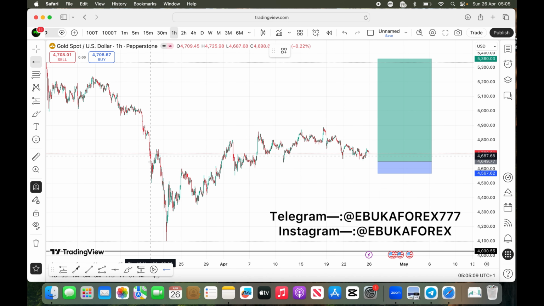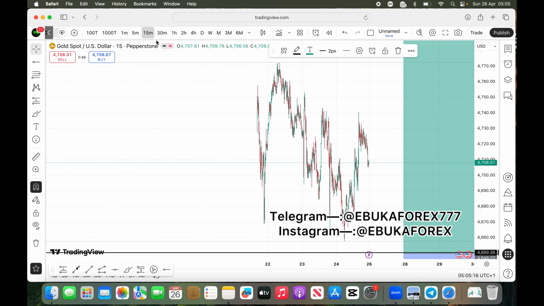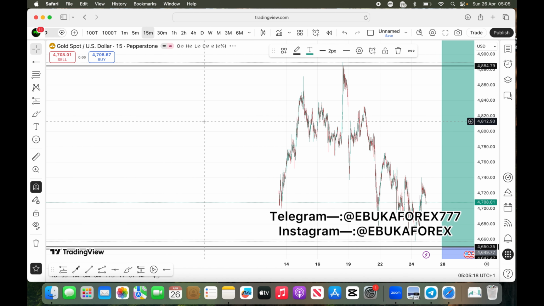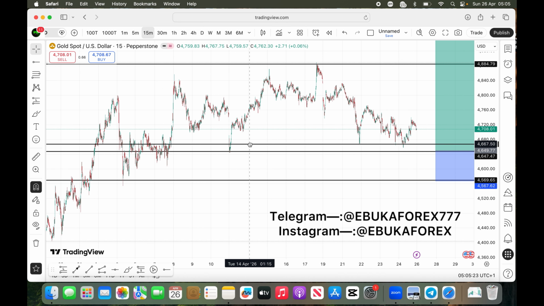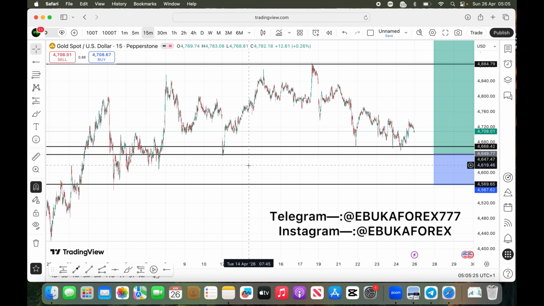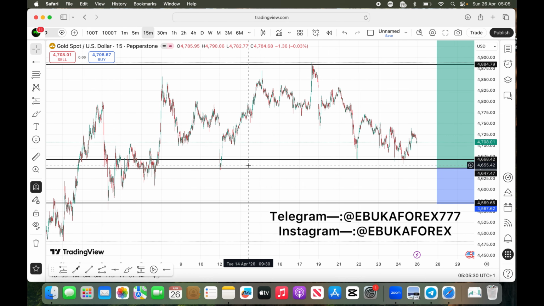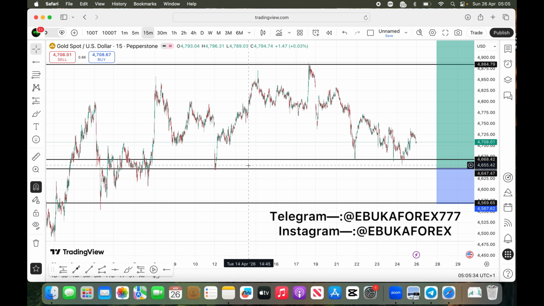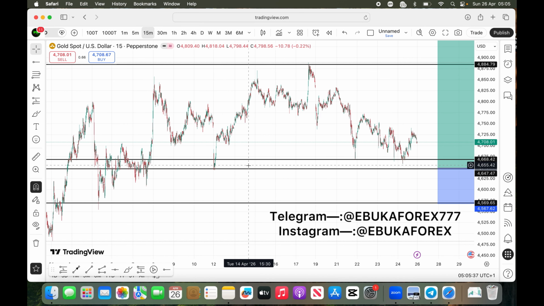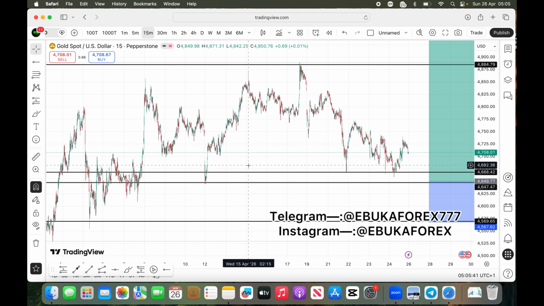So I don't use the 1 hour time frame whenever I'm trading. You can see this is the only thing I focus on, which is the 15 minutes price reaction and the 30 minutes, then 5 minutes respectively. I was using 1 hour time frame, 4 hour time frame back in the days, but now I already know how the market structure works in line with the Killzones.